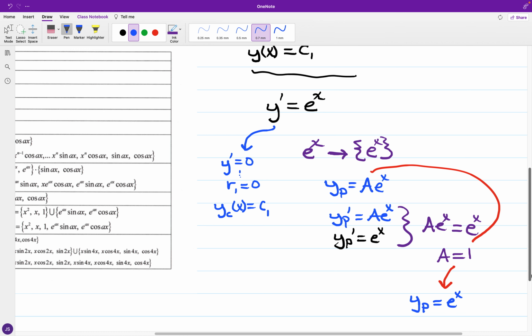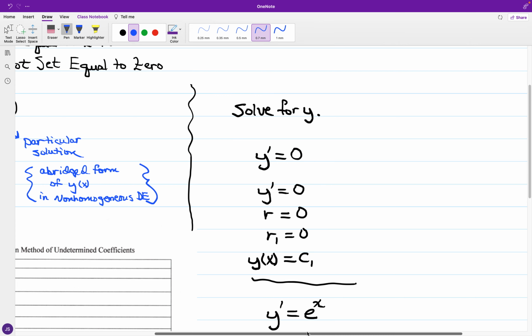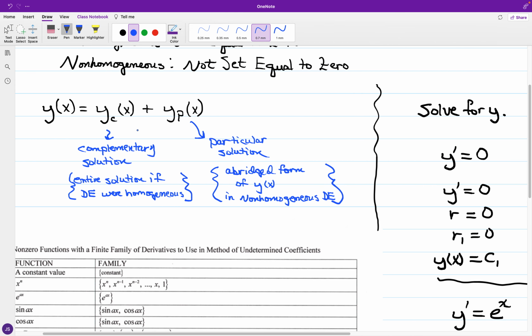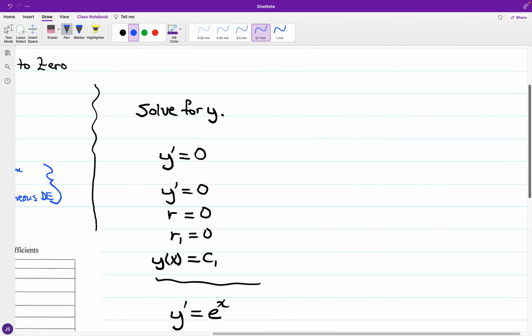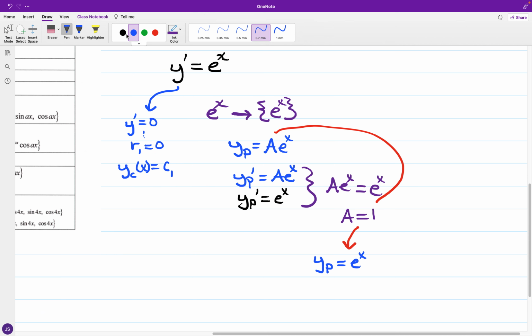And looking at solving for y of x, again, we're adding together the complementary and the particular portions in the solution to get all of y of x. So we have y of x is going to be equal to y sub c of x plus y sub p of x.